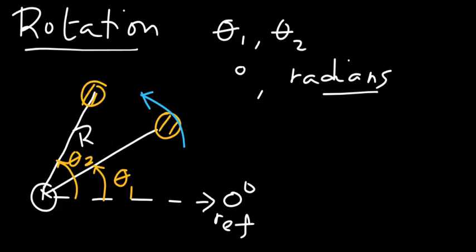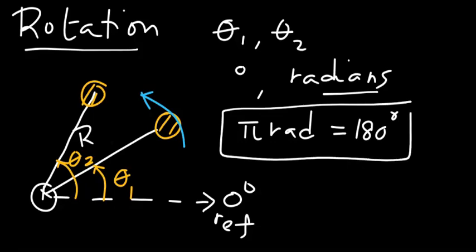The conversion between degrees and radians is as follows. Pi radians equals 180 degrees. So you can use this conversion to go back and forth between radians and degrees. Coming back to this example, let's assume the initial position of this object is at point 1 with angular coordinate theta 1, and at some later point in time, the object is at point 2 whose angular position is theta 2.